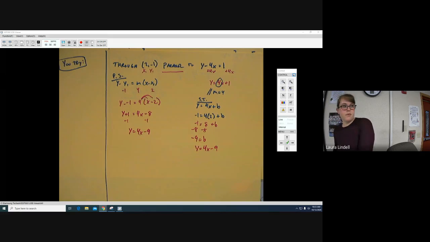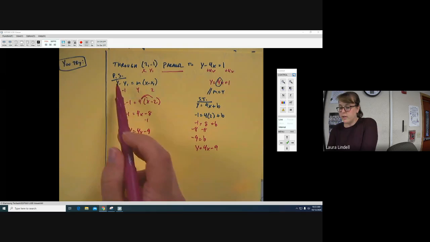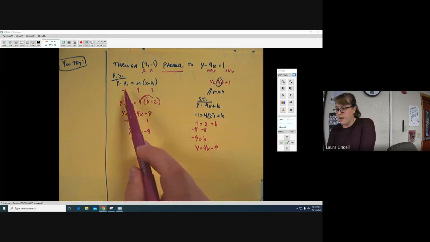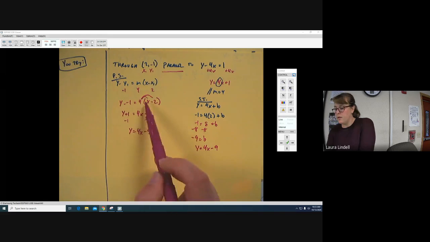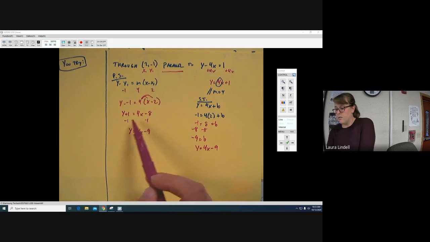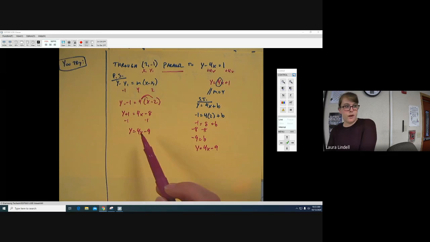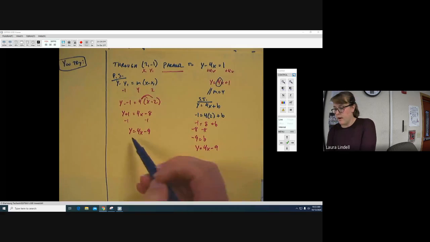All right, so either way that you chose to do it, the point slope method here, plugging in -1, 4, and 2, distributing, and then subtracting 1 from both sides, you would get y equals 4x minus 9. So if that's what you got, you are correct.